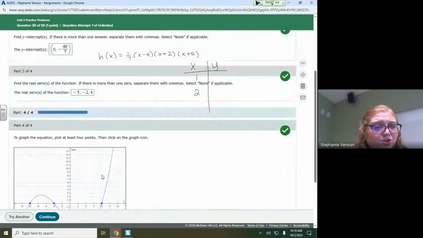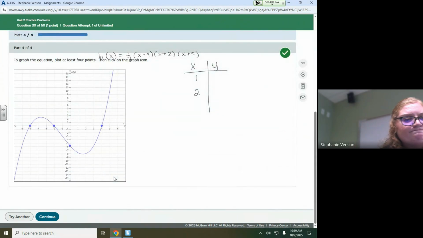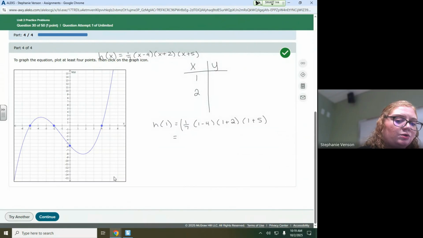So I would really just do it in my calculator. h(1) would be 1/7 times (1 - 4) times (1 + 2) times (1 + 5). And you actually can type that exactly in your calculator. You would just need to put the 1/7 in a set of parentheses. I would probably do the subtraction and addition first. So this is -3, this is 3, and this is 6.